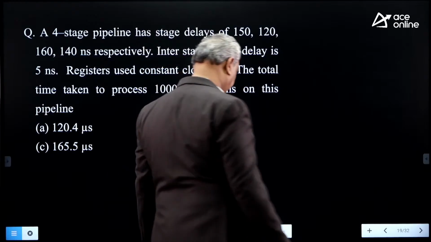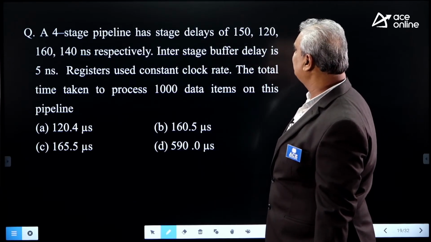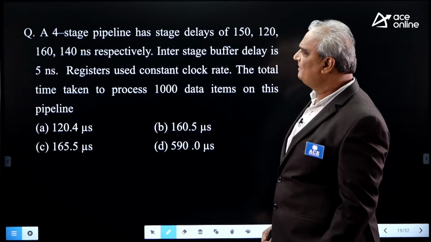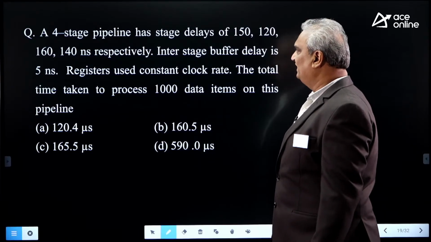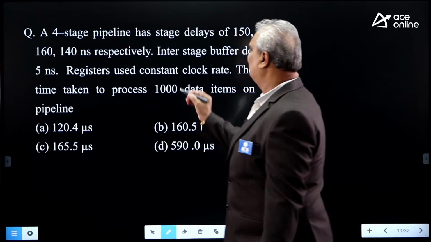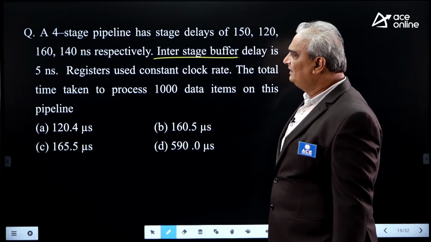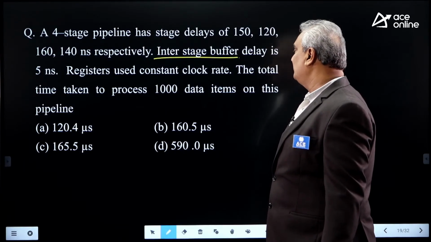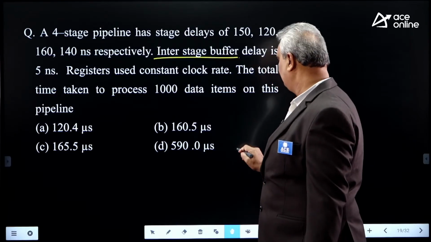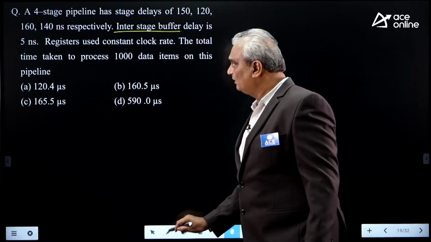Next. Watch this. A 4-stage pipeline has stage delays of 150, 120, 160 and 140 nanoseconds respectively. It is a pipeline organization question. Interstage buffer delay is 5 nanoseconds, nothing but latch delay. Registers used constant clock rate. The total time needed to process 1000 data items on this pipeline is dash. Look here.